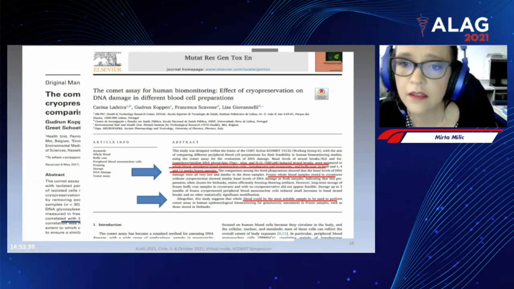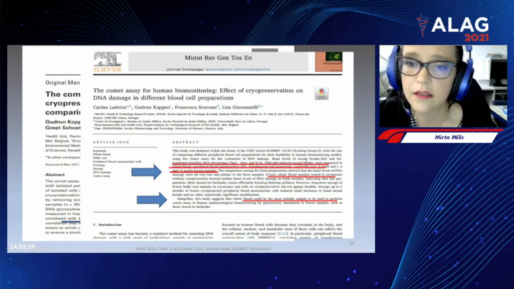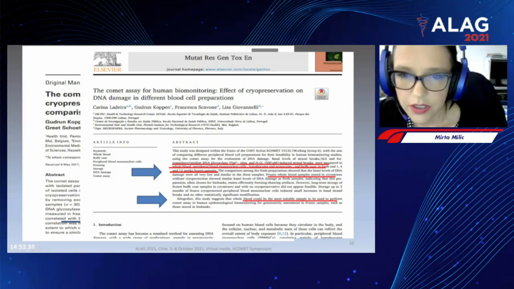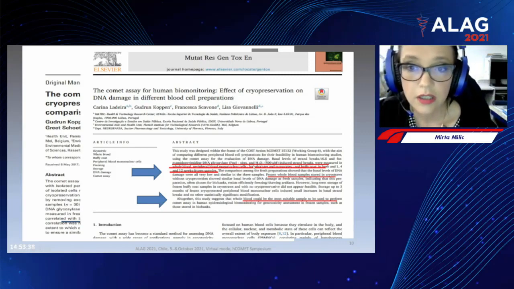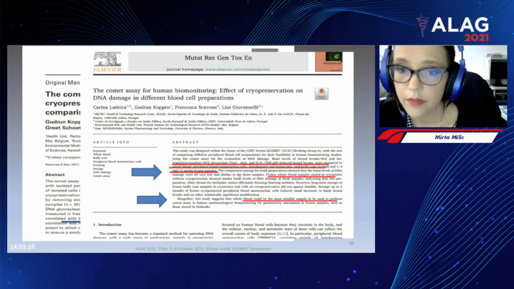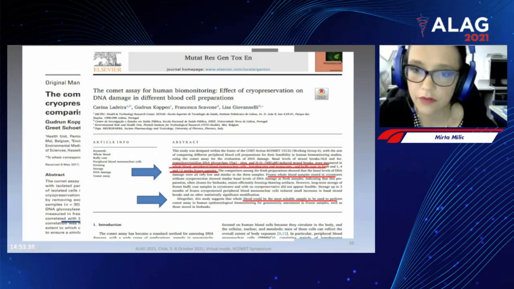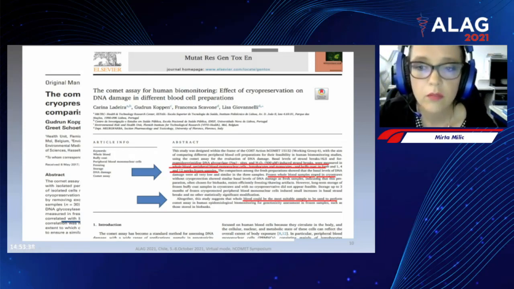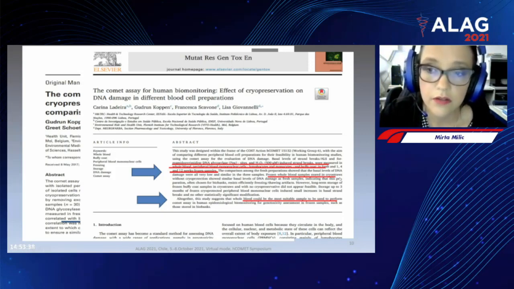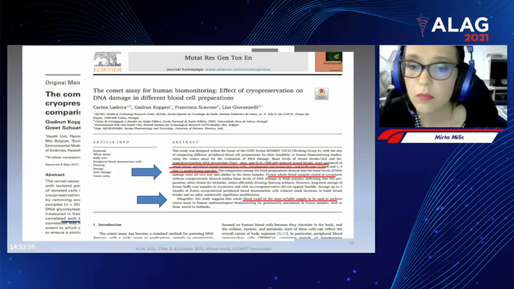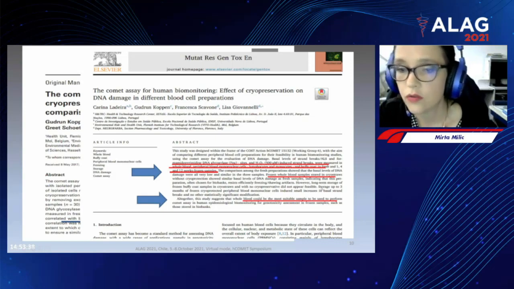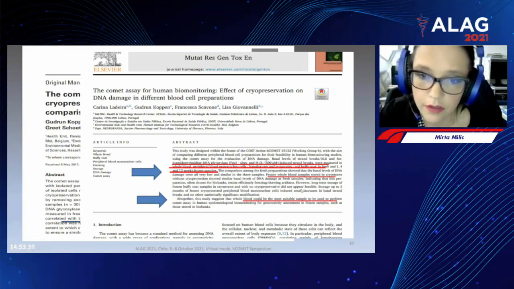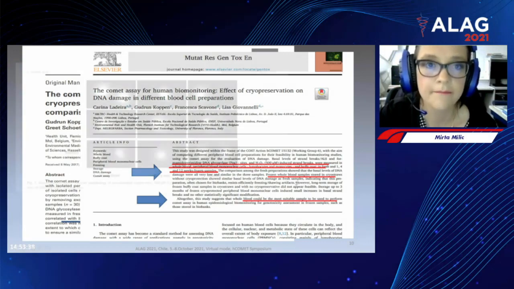In another article, they checked not only the alkaline comet assay, but the FPG-modified alkaline comet assay and a challenging assay with peroxide, with PBMC, lymphocytes and buffy coats, with samples frozen for 1, 4, and 12 weeks. They concluded that frozen whole blood samples stored in cryostraws can be used, and that whole blood is the most suitable for biomonitoring in humans.